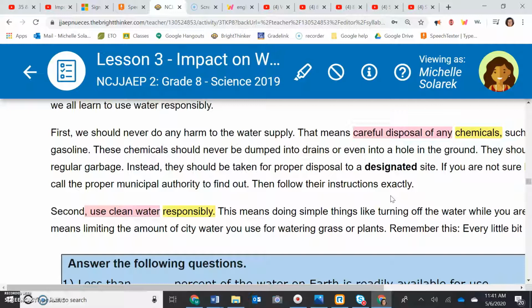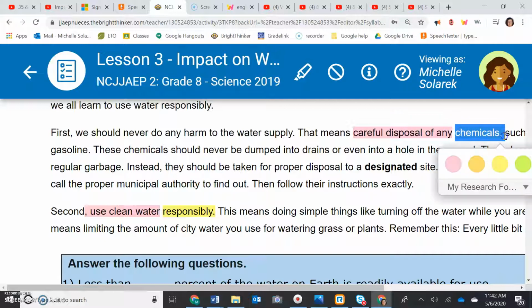There are two ways that you can help with keeping our water supply in good shape. What two ways can you help? Number one, be careful in how you dispose of blank. Carefully dispose of blank. Chemicals. The answer is chemicals. One way you can help is to carefully dispose of chemicals.